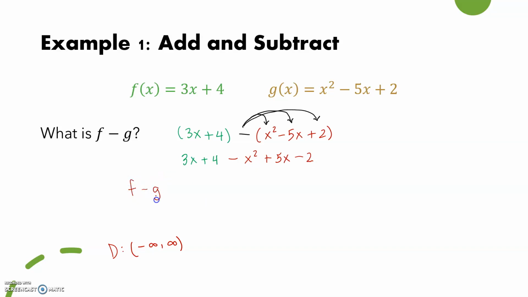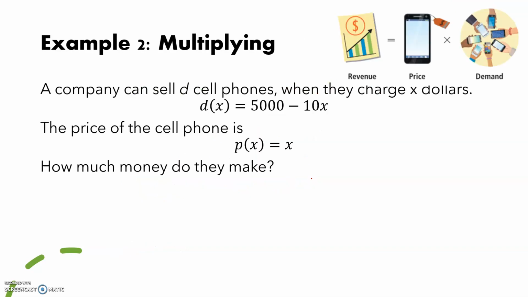So f minus g of x is equal to negative x squared plus 8x plus 2. And that's how you subtract with function notation. We can also multiply with function notation.